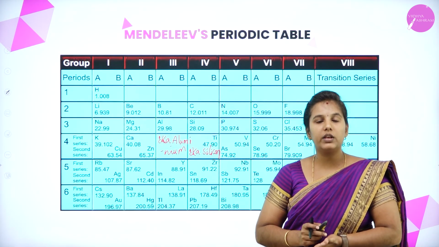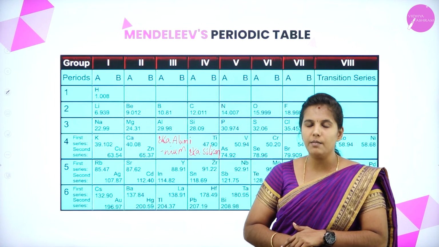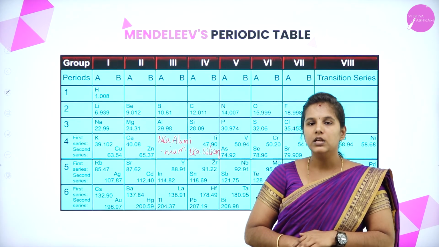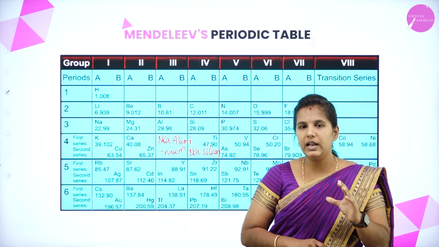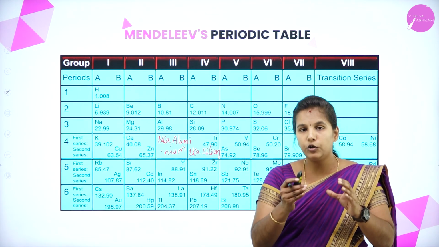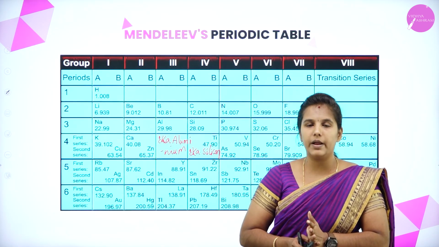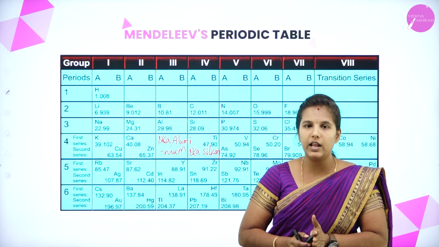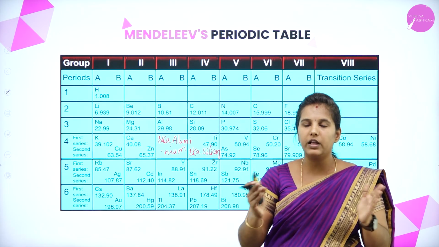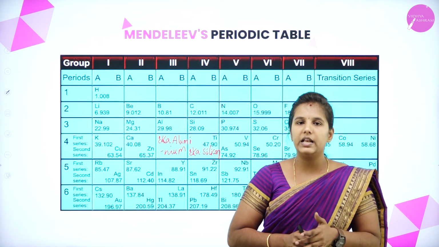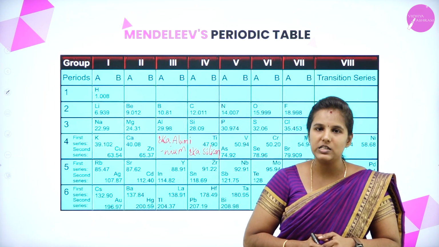This eka aluminium is for the discovery of gallium and eka silicon for the discovery of germanium. So this is how Mendeleev planned to create vacant spaces for the discovery of unknown elements, because these unknown elements should have similar properties with the other elements. That is why in the middle of the periodic table he left some vacant spaces.